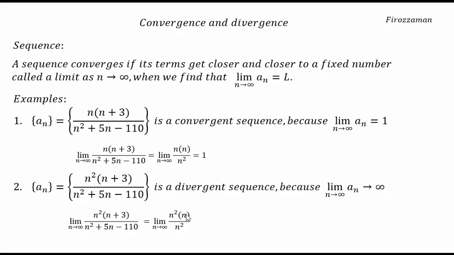Here we have n squared, here we simply have n, and here we have n squared for the denominator. Now when we simplify this, we are left with the limit as n approaches infinity of n, because the n squareds cancel out, and this becomes infinity. And so since our limit is not a constant number, it is not convergent, but it is a divergent sequence.